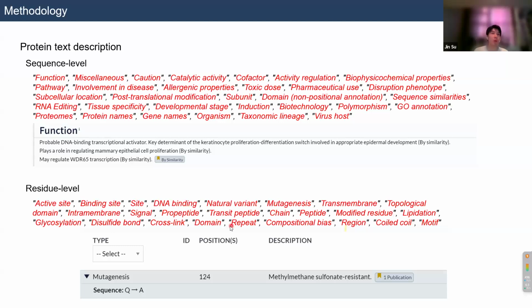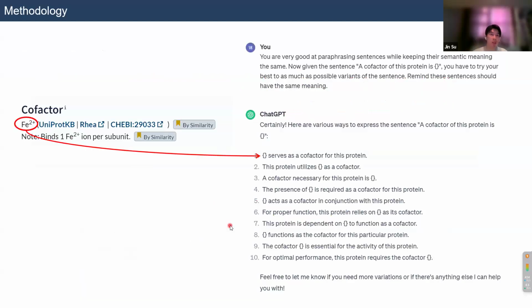So to solve this, we use ChatGPT to generate several sentence templates. For example, here we have a cofactor Fe2, and we use ChatGPT to generate. We input to ChatGPT a basic template such as a cofactor of this protein is something. And then we ask ChatGPT to generate several diverse sentence templates. For example, something serves as a cofactor for this protein, or this protein utilizes something as a cofactor.